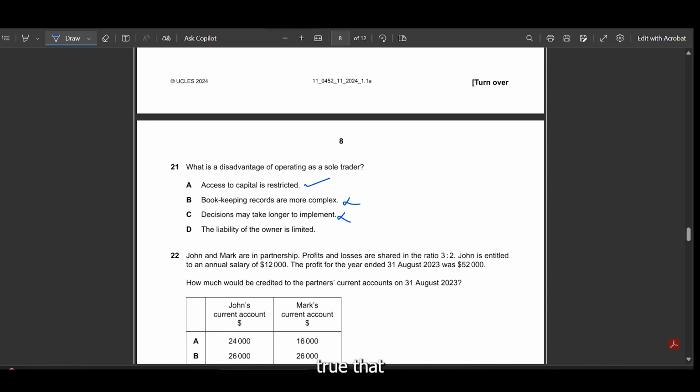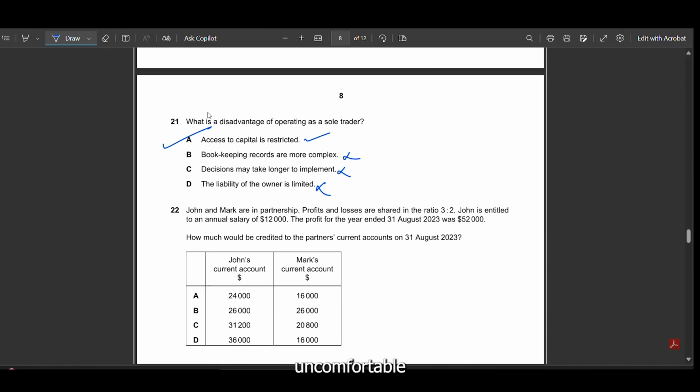In fact, he is a sole trader, so he can make the quickest decision ever. The liability of the owner is limited. No. Liability of the owner is unlimited because he is a sole trader. Sole traders and partners have unlimited liability, whereas a company has the advantage of limited liability. Why? Because it's a separate legal identity, remember. So A is the right answer.